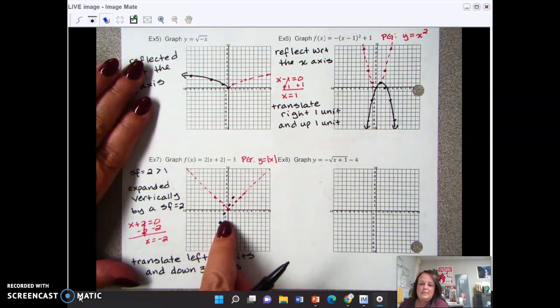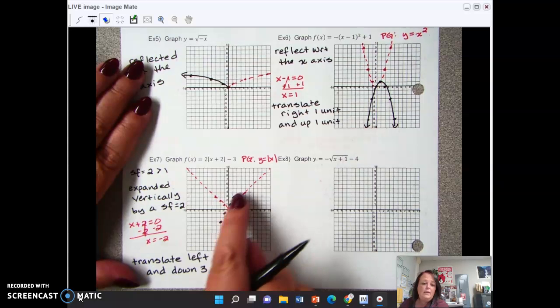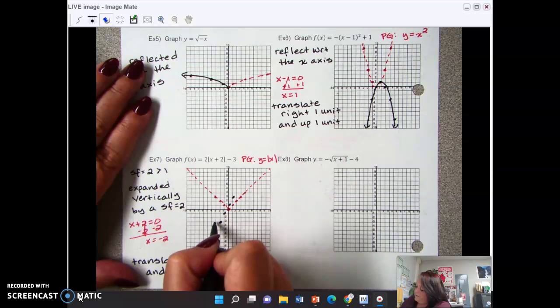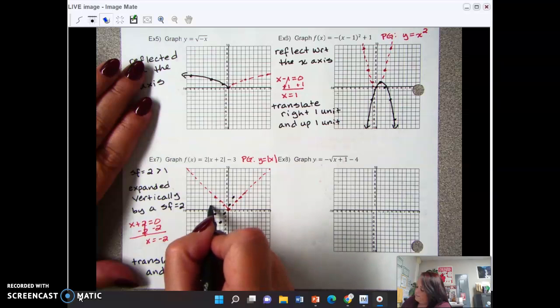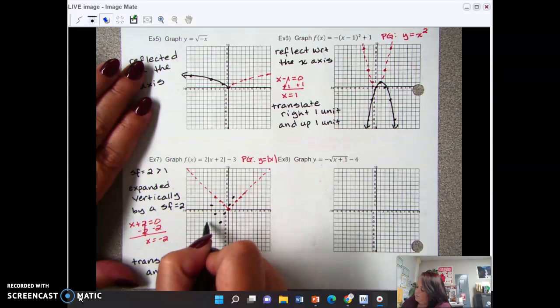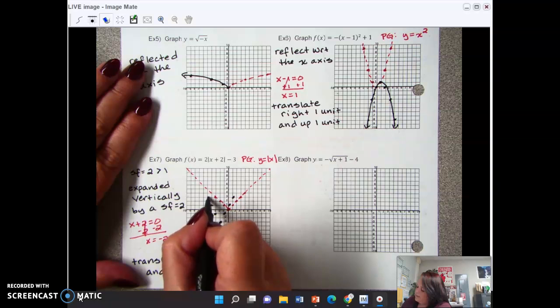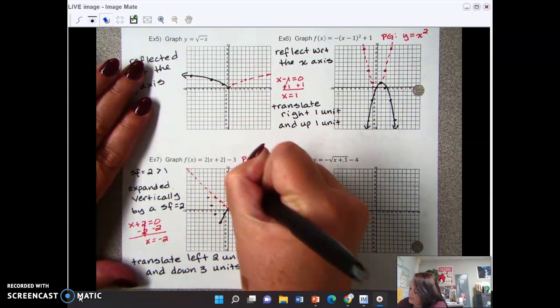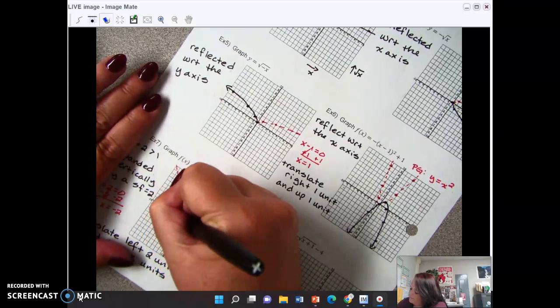And so you'll notice instead of having a slope of +1, we now have a slope of +2. To the left 1 would have gone up 1, now it's going to go up 2. To the left 2 would have gone up 2, now it goes up 4. To the left 3 would have gone up 3, and now it goes up twice as fast, which is 6. And so we're going to get this as our final graph.